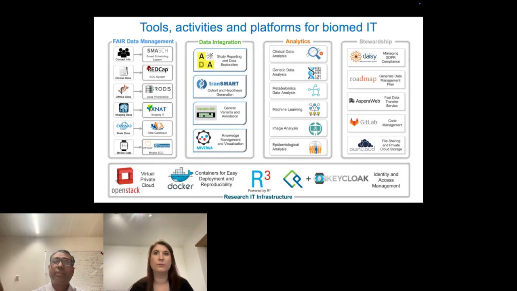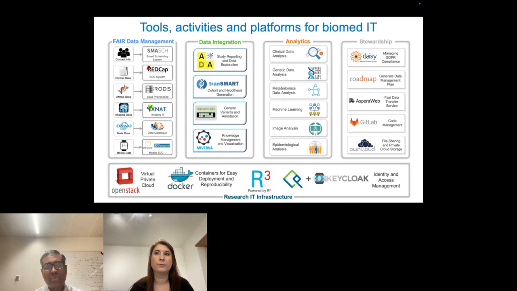Another thing is data stewardship. We also invested quite a lot in GDPR tools and services to fulfill the GDPR requirements. I won't go into the details today, but there is something called DAISY, Data Information System, which is published. It manages the GDPR-centric metadata and helps us be compliant with the GDPR. Then we have Aspera, Web, and GitLab, which are common for code management and other things.